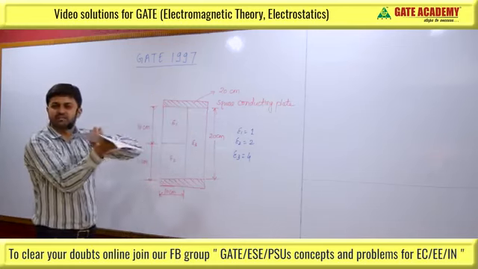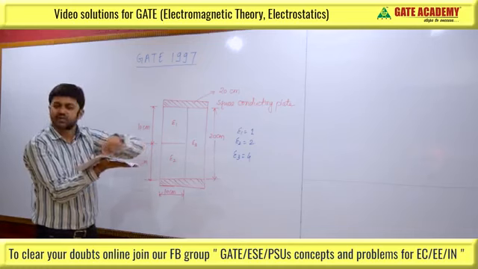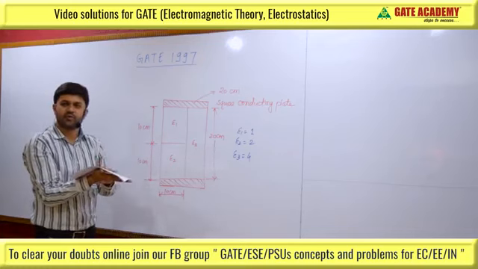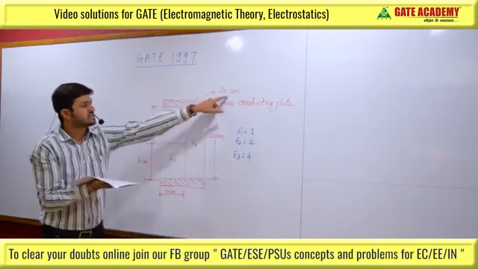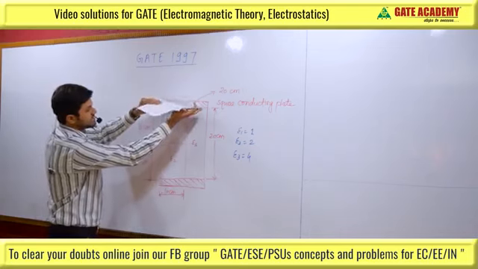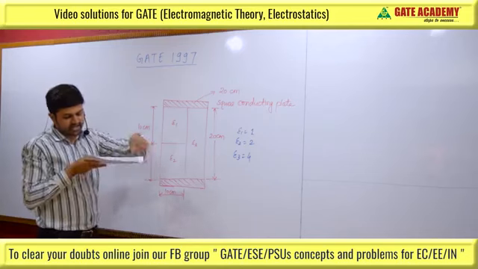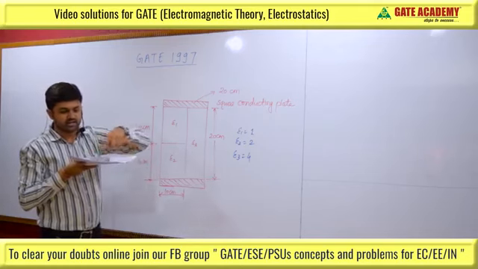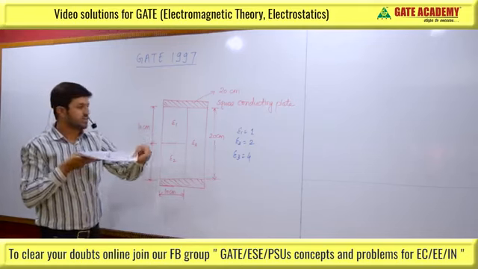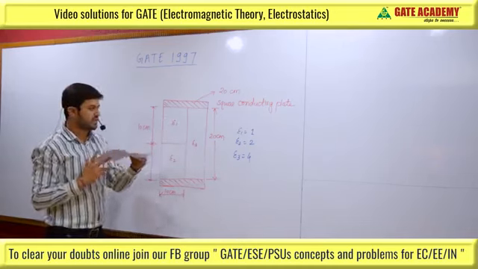So the area of this plate will be 20 into 20, so this will be 400 centimeter square. This is the square conducting plate having side 20 and 20, so we get the area of this plate as 400 centimeter square.